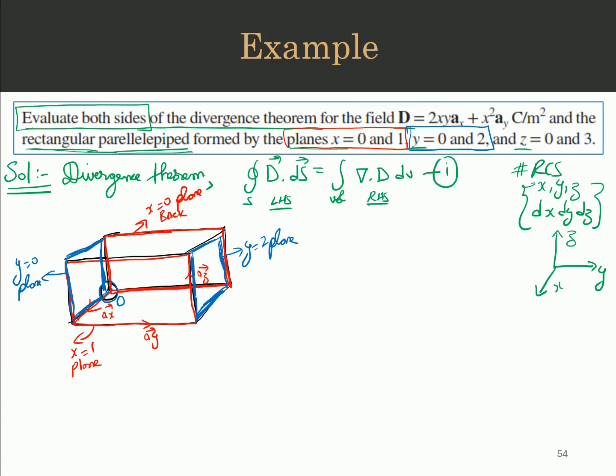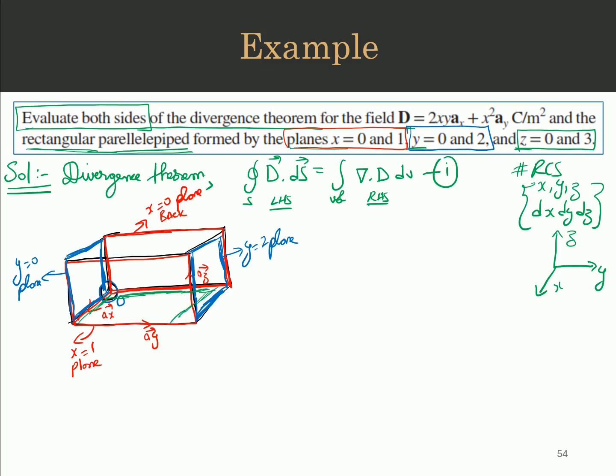Now the third is with this green one: z equal to 0 and z equal to 3. Let's take this portion to be z equal to 0. Let me try to draw this. This is my z.